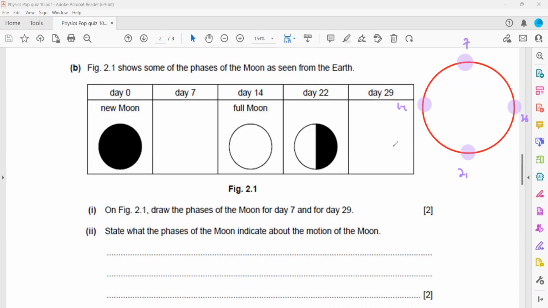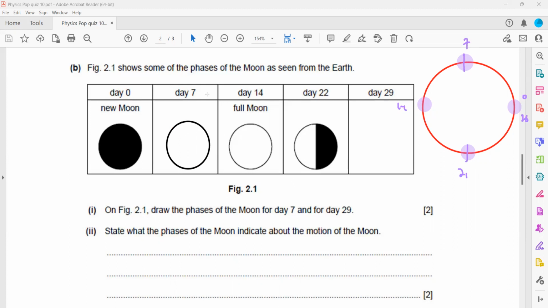That's a new moon. So we have to show the sides which will be visible. That will be different. So this is a new moon, at this position. Then after 7 days, we'll be able to see half of the moon, and the phase will be different when it is at this position, as compared to the other side, the side which is visible to us. So when we draw the circle, here in 22 days, this part is visible.